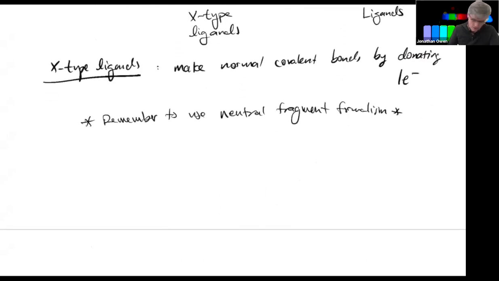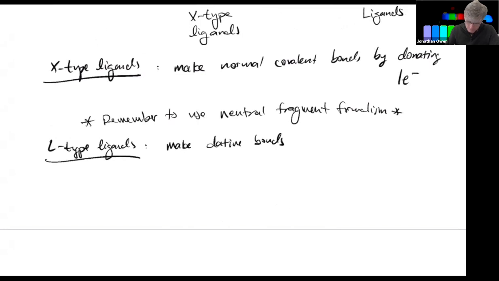So let's do another one. L-type ligands donate 2 electrons. There's one more.